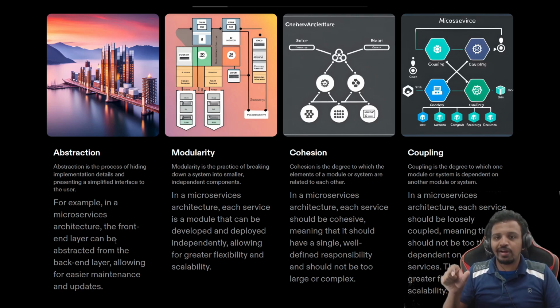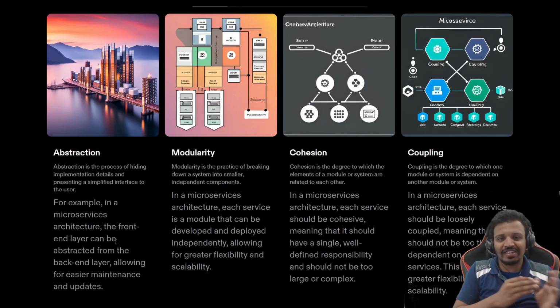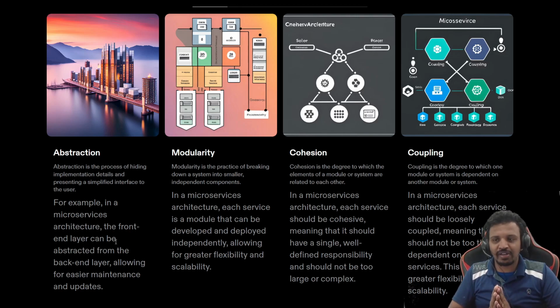Overall, modularity is basically dividing your system into smaller pieces. Payment is a separate component, courier is a separate component, adding to the cart is a separate component, searching is a separate component, registering is a separate component, logging in is a separate component, right? Okay, now the next thing is cohesion.